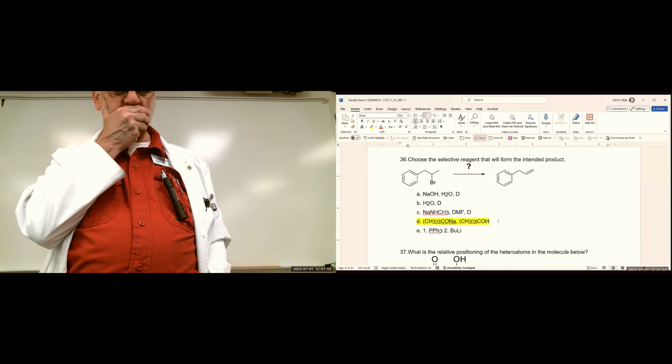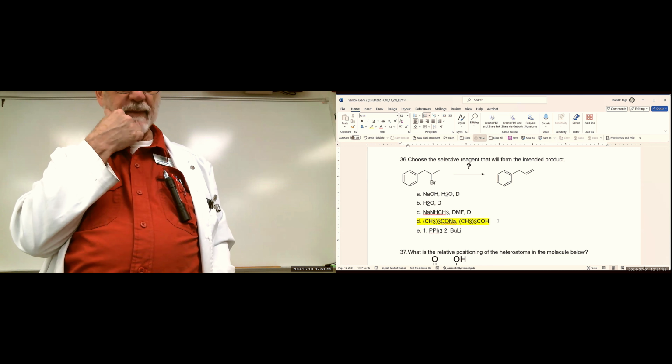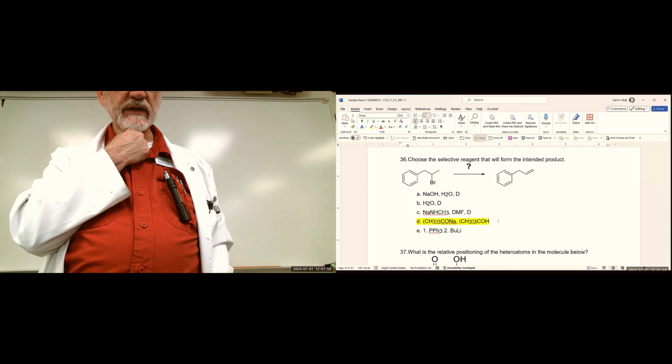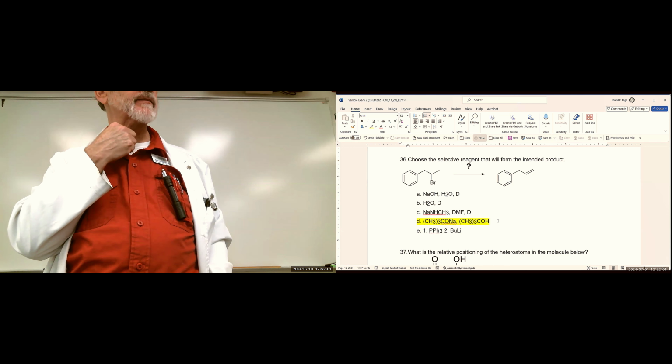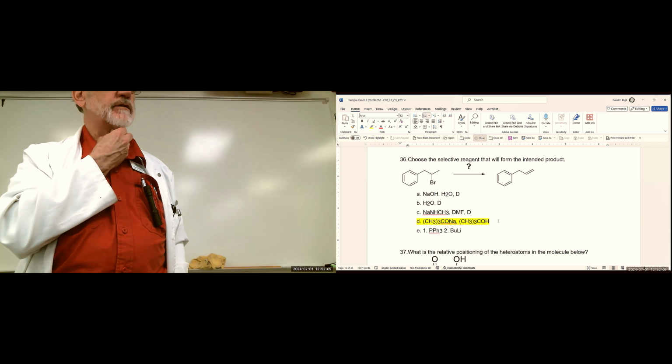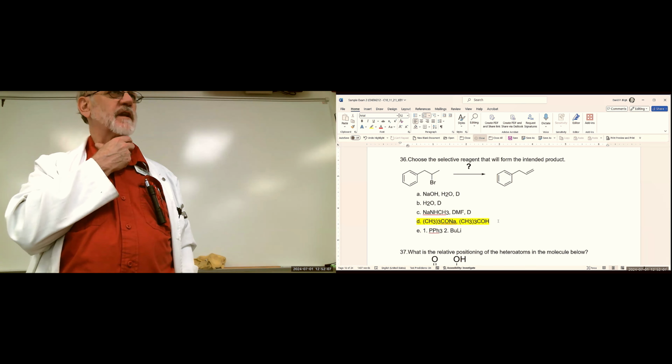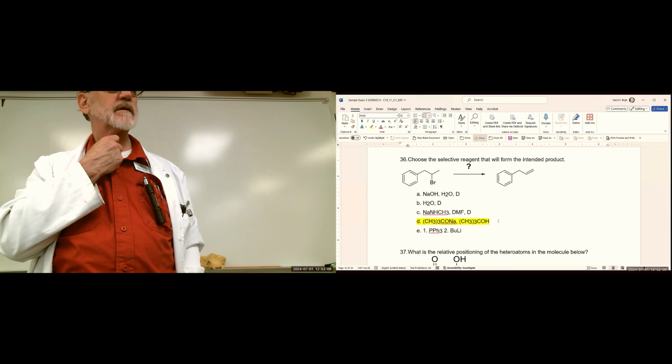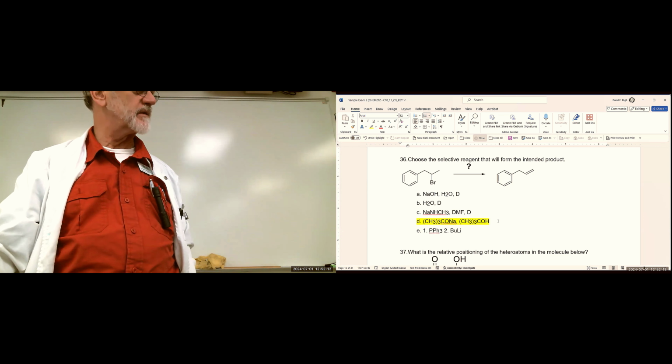No. What we need to do is deprotonate. When we have a 2 or more step process, a lot of times deprotonation or protonation, either one, is the first thing that happens.